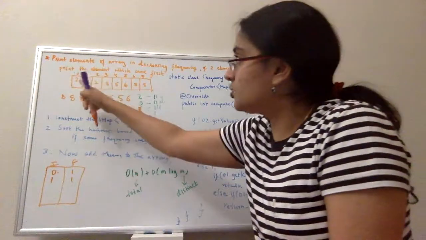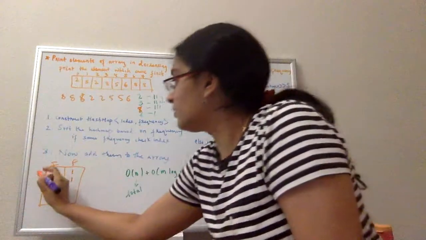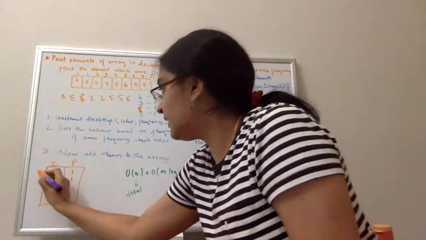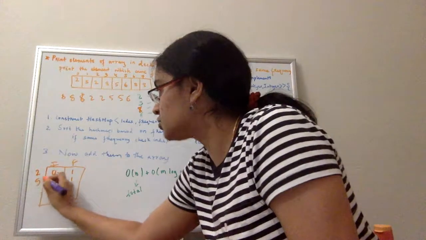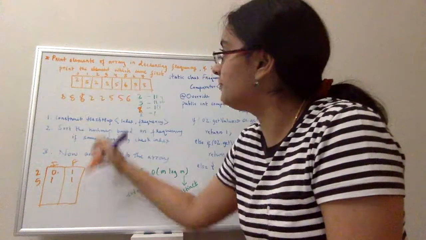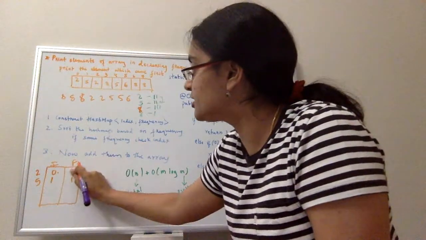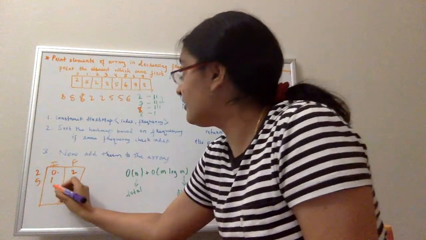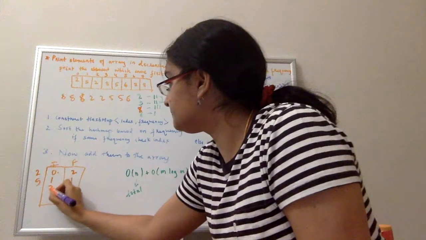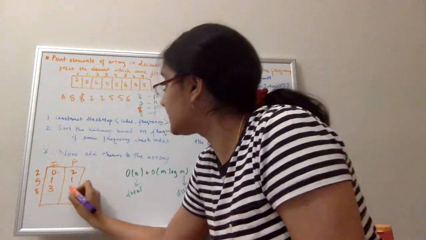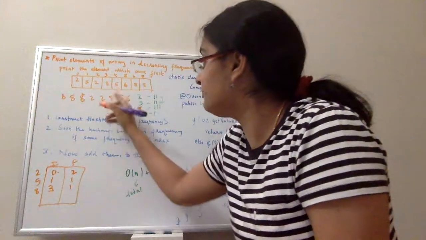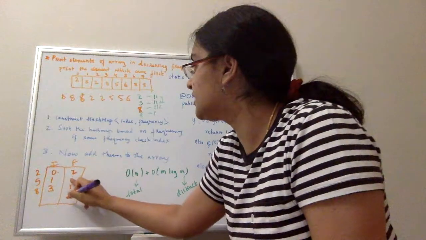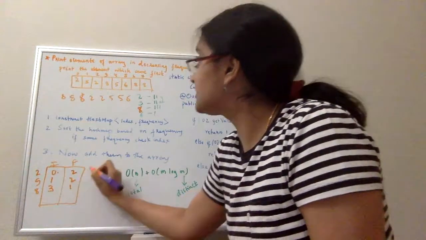Now, for our easy understanding, I'll write numbers here, so we'll know how it's done. Because 2 is already there, I'll change the frequency to 2. And we have 8 at index 3, and it has occurred once. And we have 5, because 5 is already there, I'll just increment the frequency.